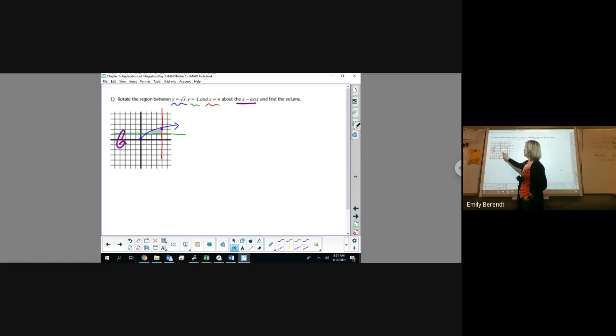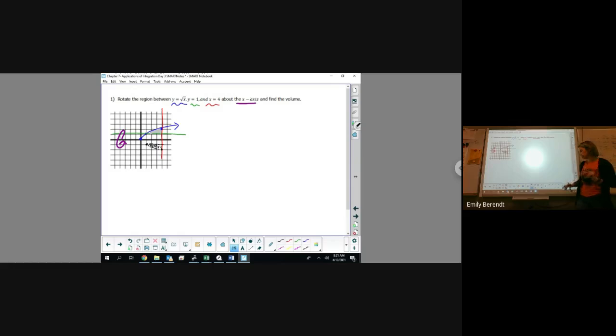So when we spin it, you get this hole in the middle of your 3D shape. Instead of having a solid disk to find the volume, we're going to have a washer.